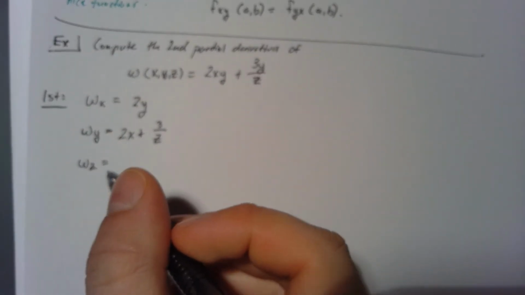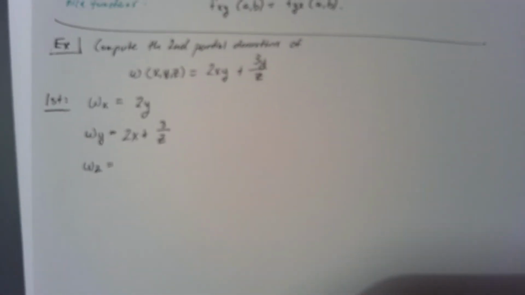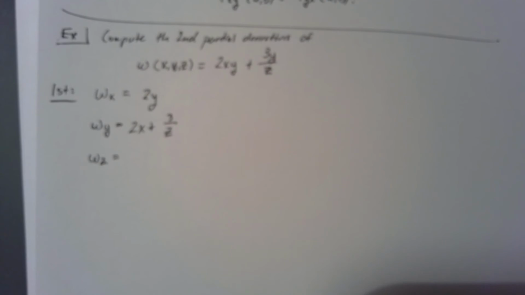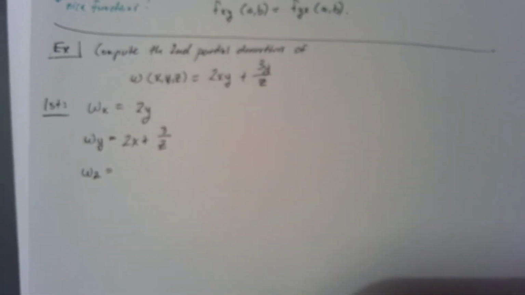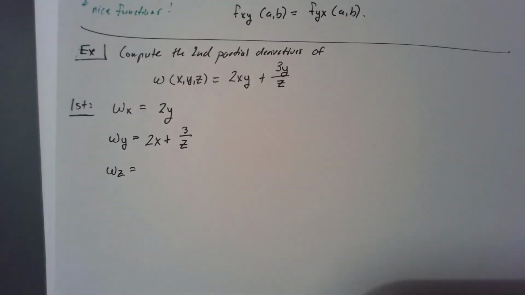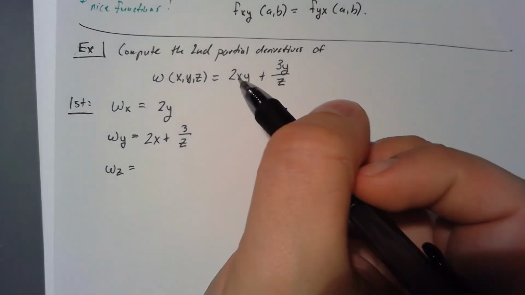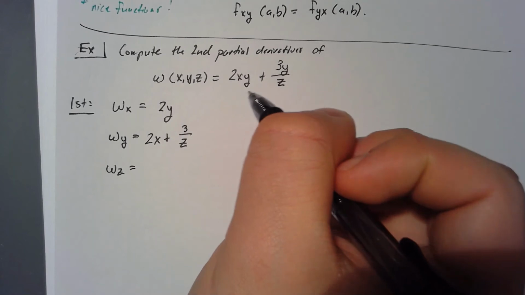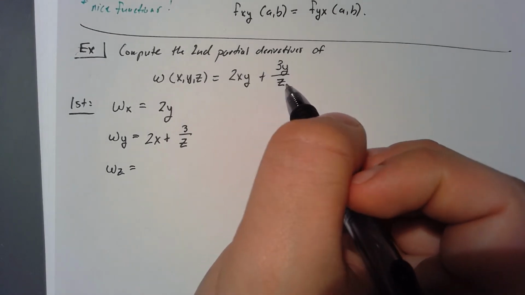And then the partial with respect to x, well, I'm sorry, with respect to z. Camera's being goofy again. So this is a constant, I don't care about that. I'm taking a derivative with respect to z.